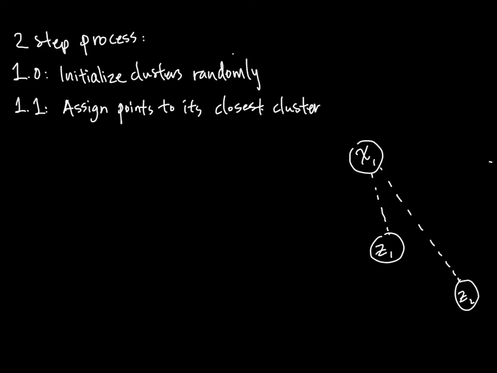Here we're talking about the Euclidean distance, which is the square root of x squared plus y squared, equal to d. Say the distance from x1 to z1 is equal to 1, and from x1 to z2 is equal to 2. Then we would say that x1 is in the cluster z1.